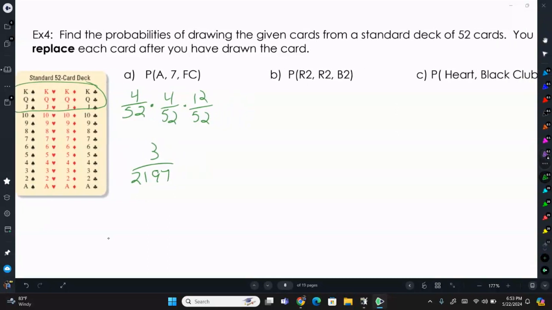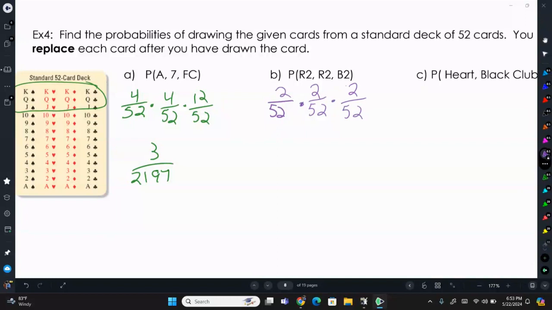All right, so letter B, the probability of a red 2. So there are 2 red 2s, so 2 out of 52. The probability of pulling a red 2 again, 2 out of 52. And then a black 2, 2 out of 52.